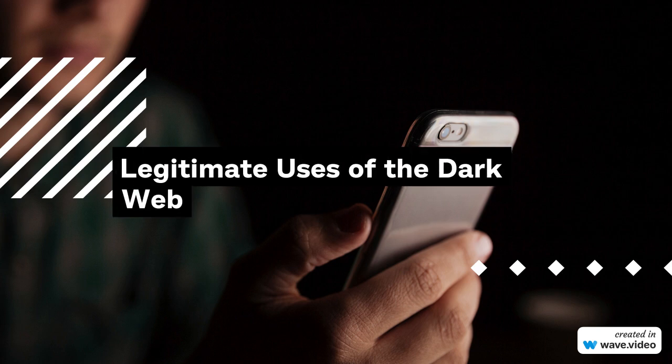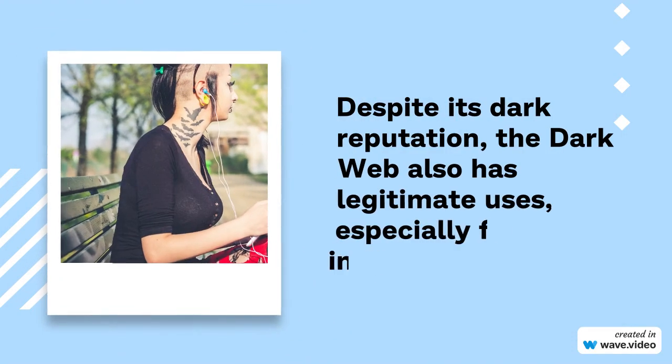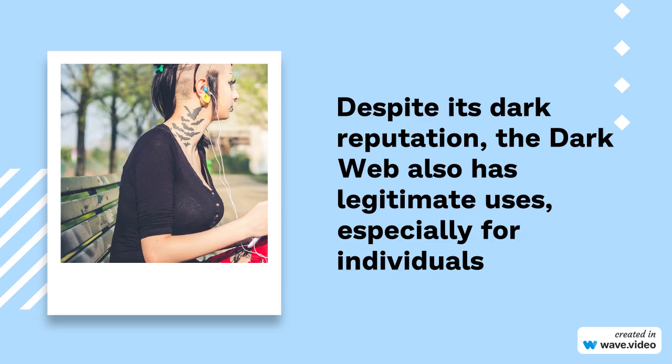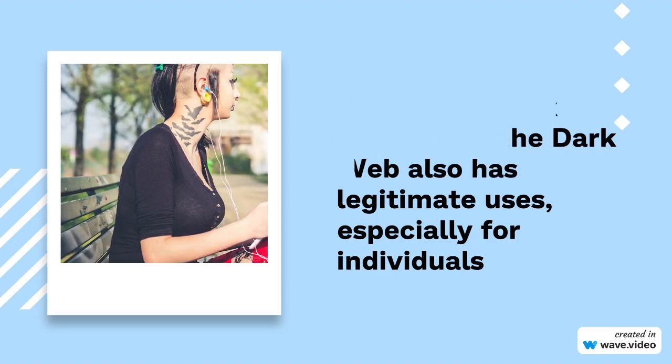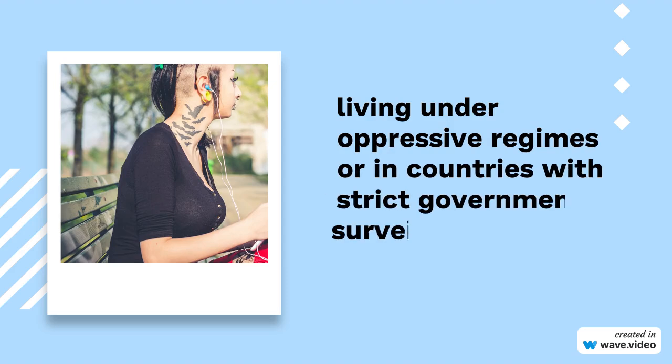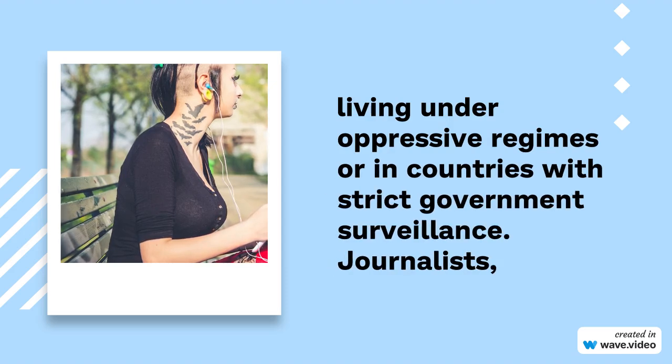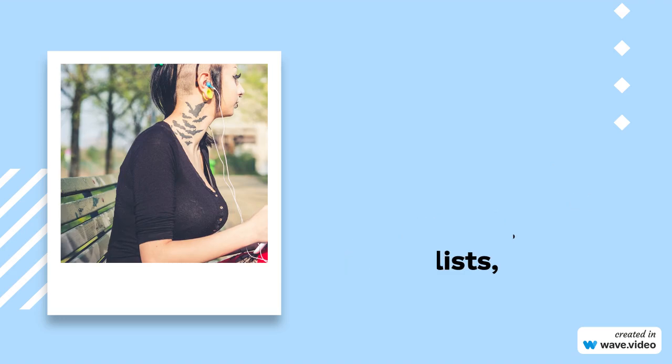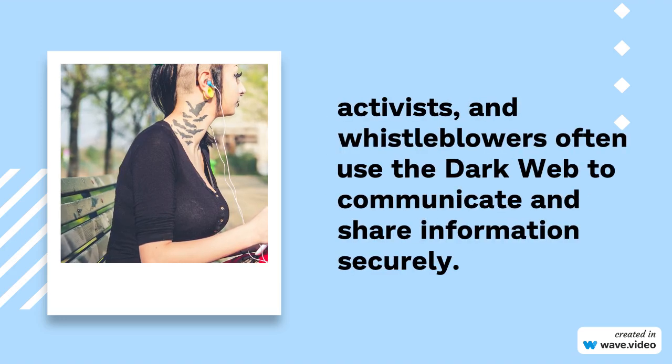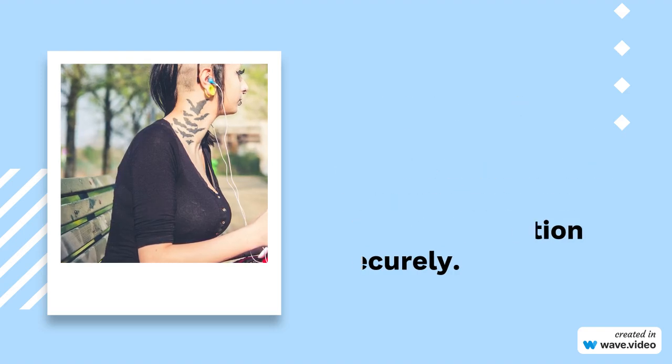Legitimate uses of the dark web. Despite its dark reputation, the dark web also has legitimate uses, especially for people living under oppressive regimes or in countries with strict government surveillance. Activists and whistleblowers often use the dark web to communicate and share information.